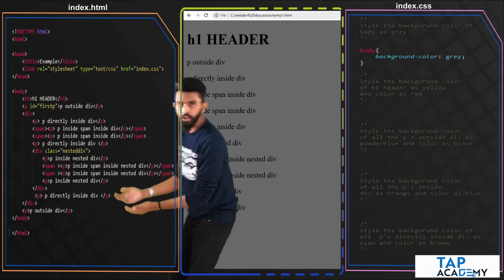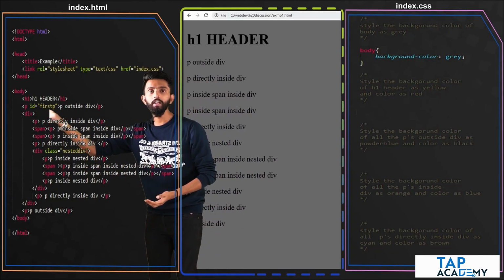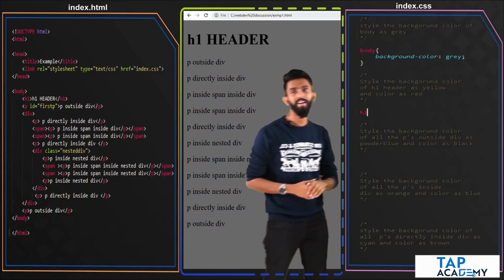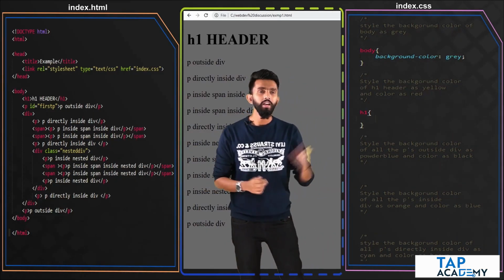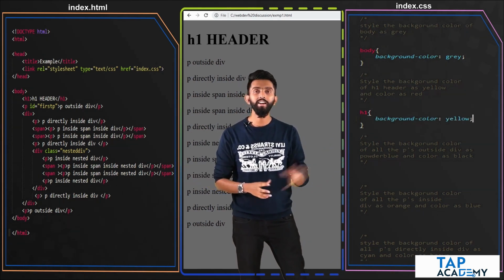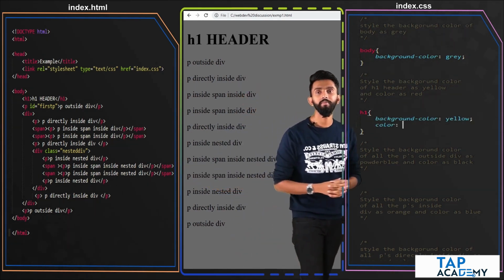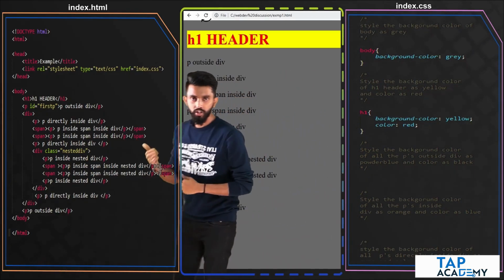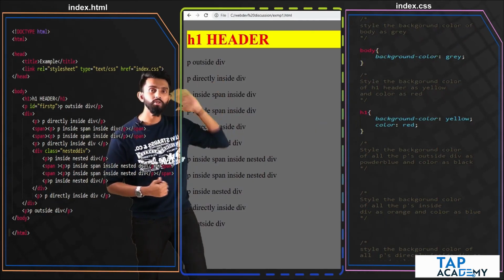There is only one h1 here, which means I can select it based on the element. So I'll use an element selector by telling h1. Next, I'll put my declaration. Inside that, I'll tell background color is yellow and color is red, like this. Any confusion till here? If in case I refresh, my second expectation is also satisfied.